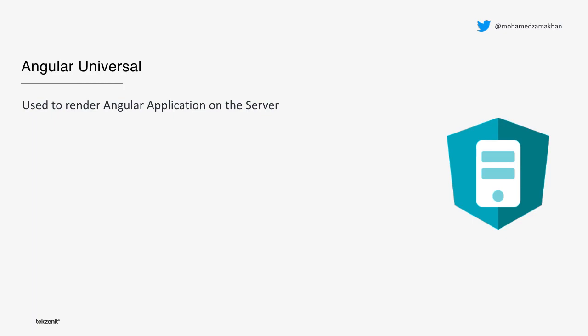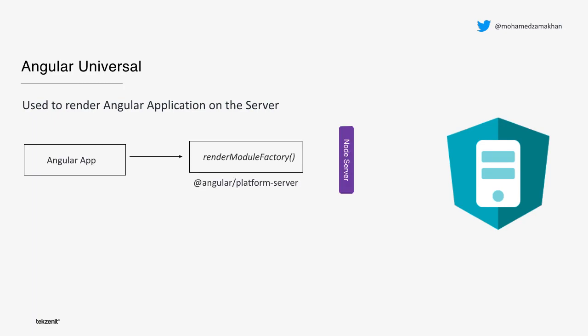Because of the rewrite of the Angular framework, Angular is no longer dependent on the DOM. Now we can take an Angular application and render it on the server. Here is an example where you can use @angular/platform-server, which is used for rendering your application on the server.